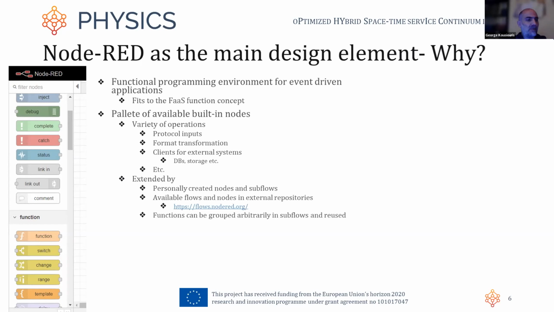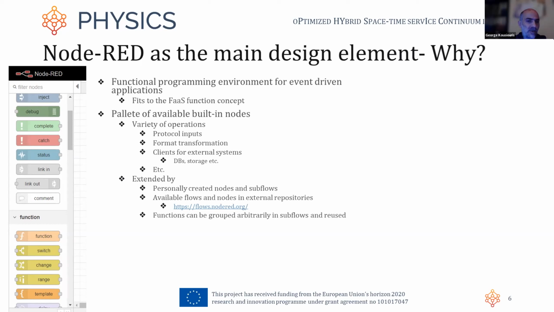It has a large palette of either built-in or community contributed nodes with a very large variety of operations coming from the IoT world, like adaptation to protocol inputs, a way to collect data, transform between different formats and specifications, clients for practically any external system. And it's very easy.